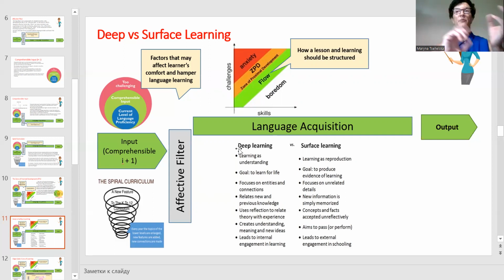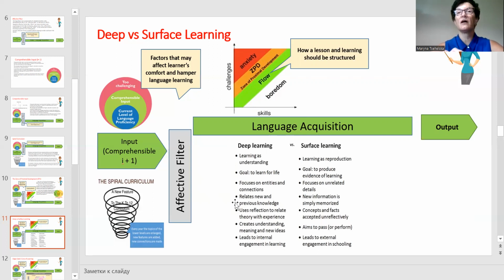And it is usually opposed by deep learning, which is when your students set real goals, they seek understanding, they relate previous knowledge to the knowledge they get, they use reflection, and altogether it brings them to understanding. So deep and surface learning are the theories that help us understand why students learn, what is their motivation.